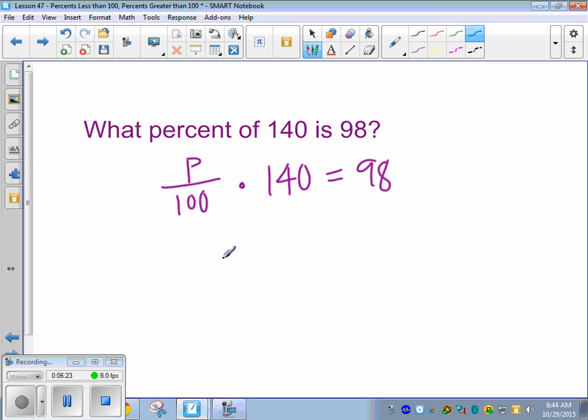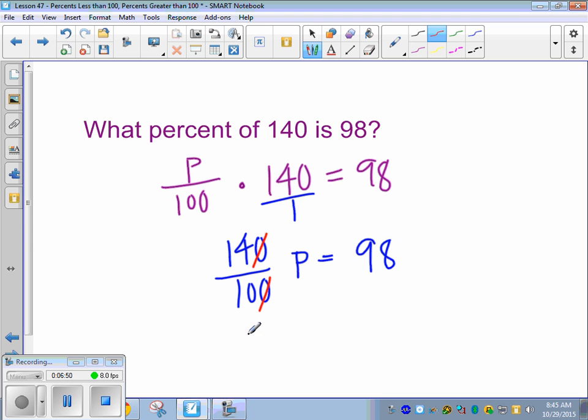I'm going to rewrite this as 140 over 100 times p equals 98. Makes it a little bit easier to just solve in one step. Instead of multiplying by 100 and dividing by 140 separately, we just know that this 140 is really over 1. So p times 140 over 100. I can do some canceling here, cancel my zeros. So 14 over 10 p equals 98.